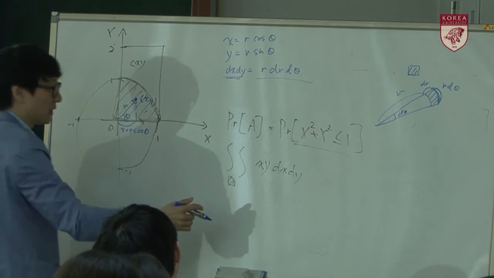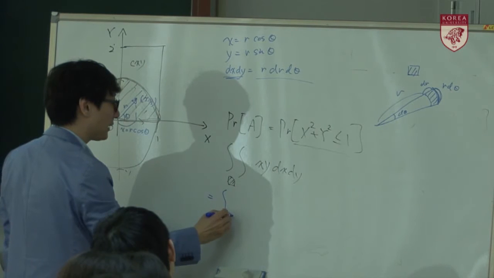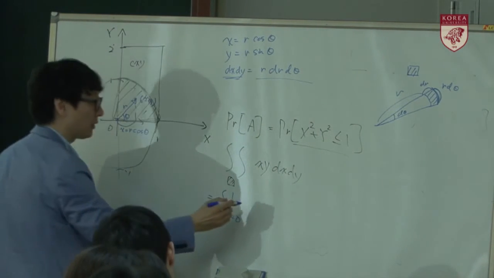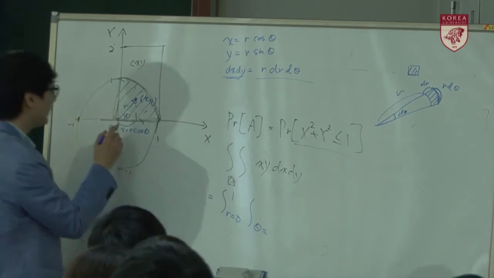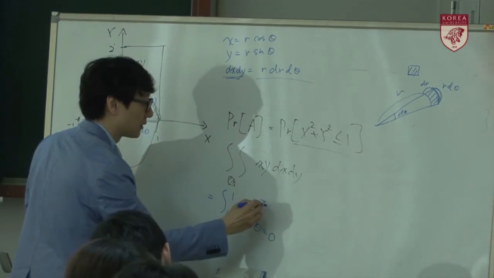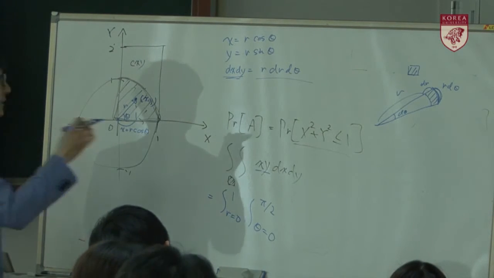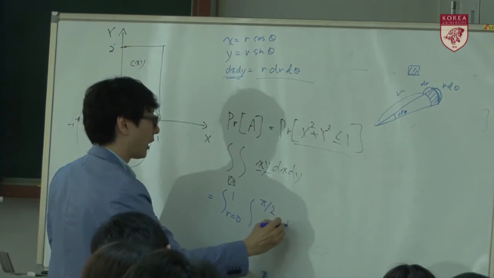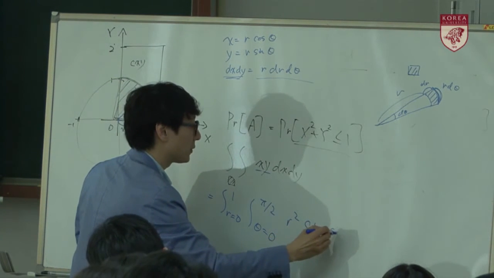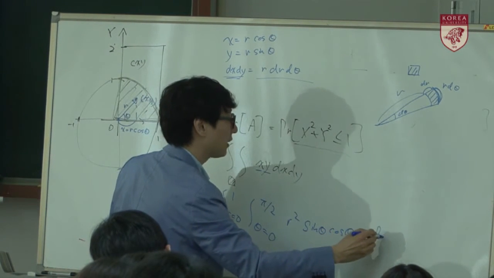Now r is from 0 to 1, and theta is integrated from 0 to pi over 2. And xy becomes r squared sine theta cosine theta, and dx dy is r dr d theta.